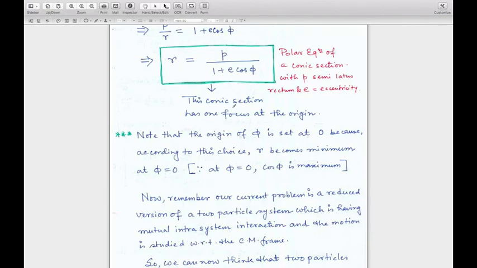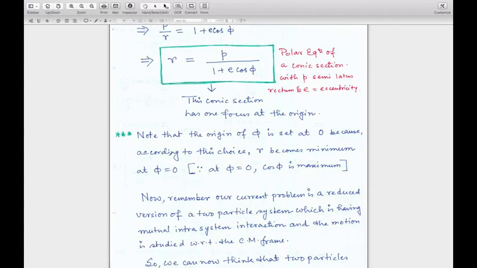Now it is also known that a conic section can be of different types. It can be an ellipse, a parabola, or a hyperbola. But which one is this case? Are all three possible here? Well, we will see that.